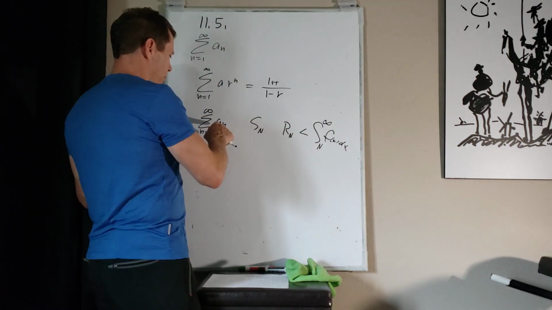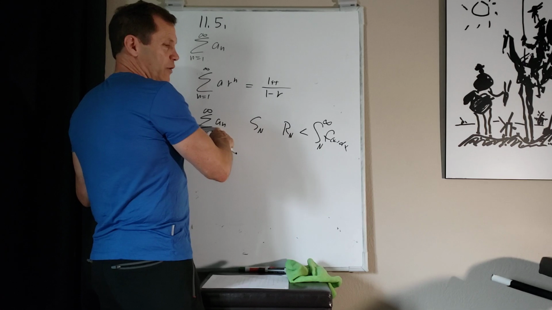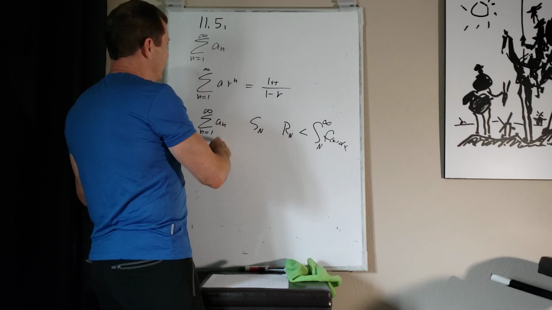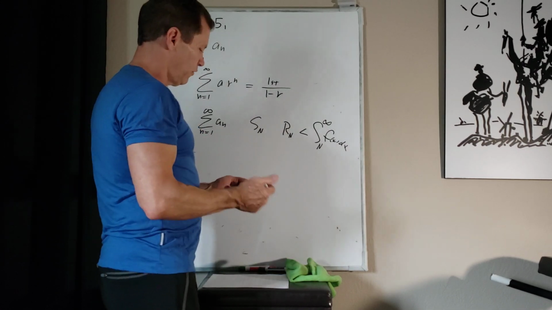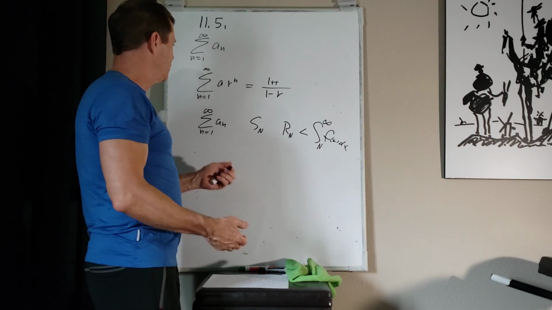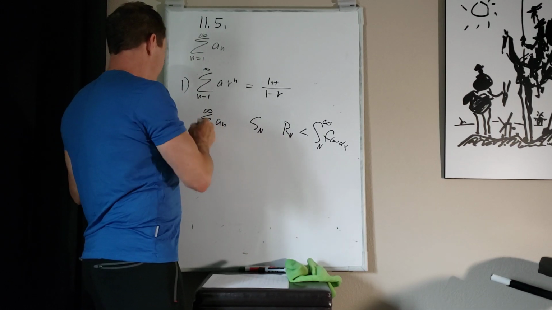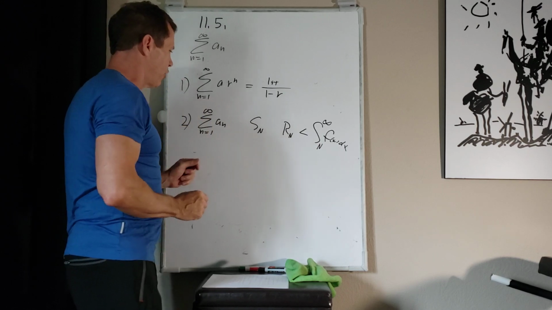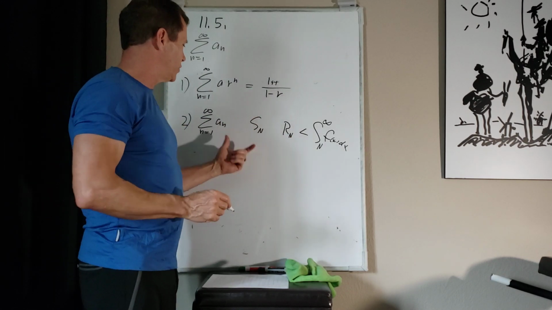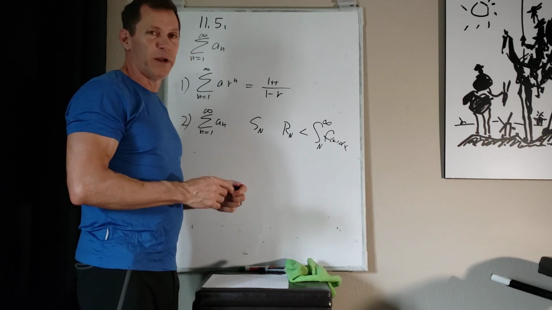Remember, that function's got to match the sequence on the integers. It's got to be continuous, decreasing, and positive. Okay, so there's what we know so far. We know 6 different things, and then we know these 2 things. We know exact answers for those, and here we can find an error bound if we use the integral test to show that it converges. Okay, I'm going to stop right there for a second.